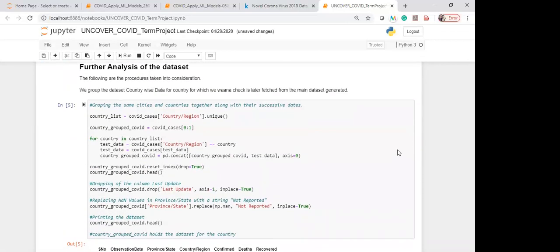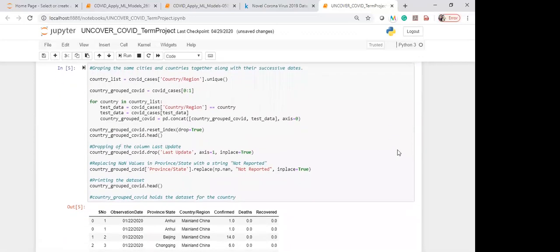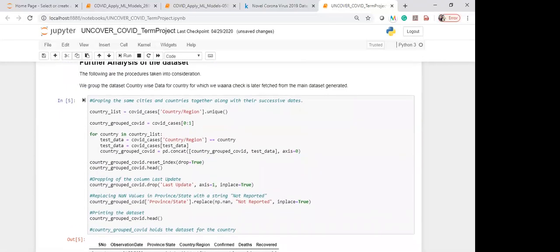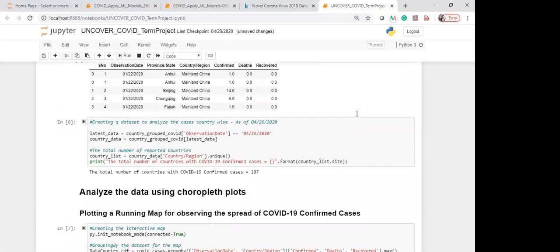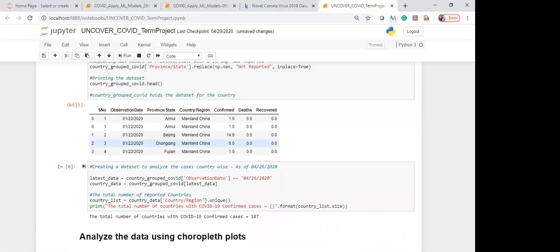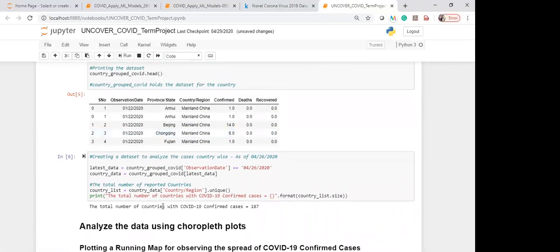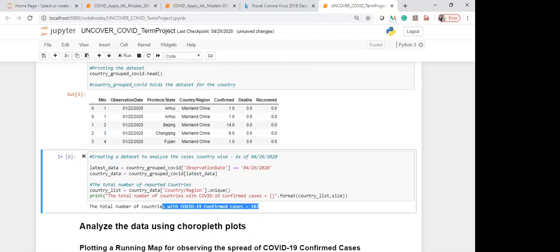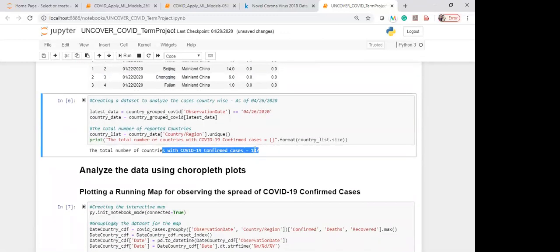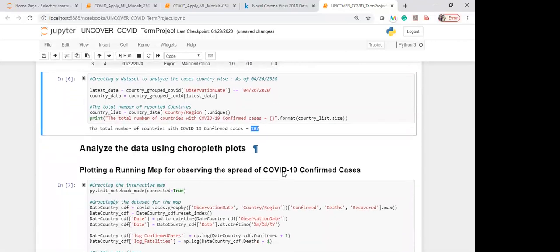So if we go to the further analysis of the data set, I just wanted to count the number of countries that are actually impacted. That is 197 as of 26th April.